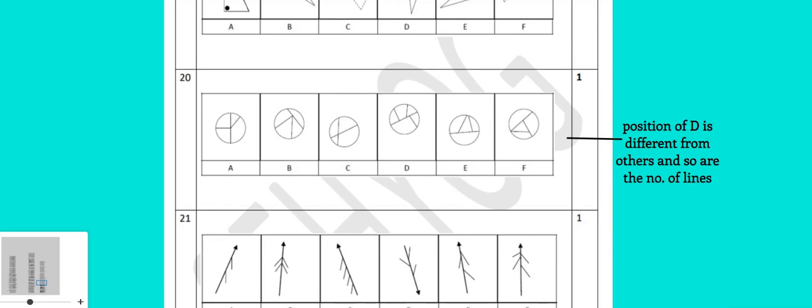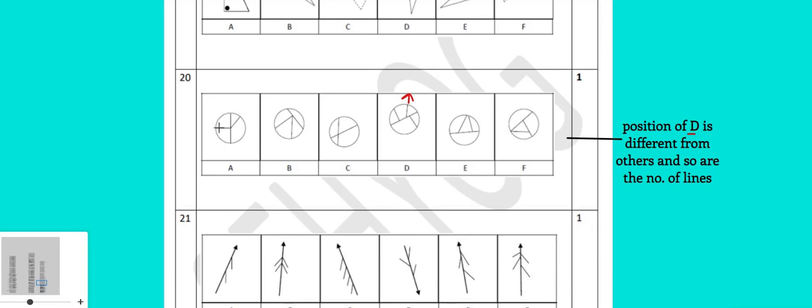So here I have written the answer already, which is D, because the position of D is different from the others and so are the number of lines. The position of D is different from the others. Some of the others match in position, but D is completely positioned in an upward direction, and so is the number of lines here.